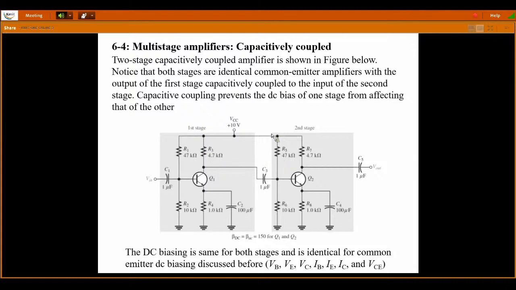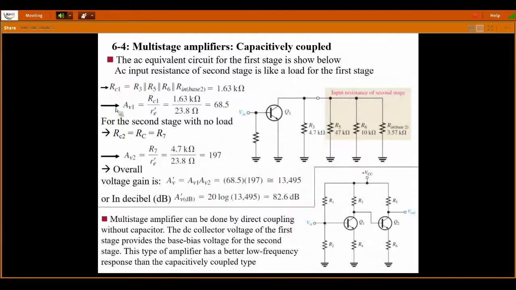R5: since we are doing AC analysis, VCC is grounded, so R5 is connected with one terminal to this, the capacitor is shorted, and the other end of R5 is connected to ground. R6 is available, and the input resistance of the second stage. Like this we calculate the load resistor for the first stage: R3 in parallel with R5, in parallel with R6, in parallel with the input resistance of the second stage. So AV1 is equal to RC1 divided by RE dash.